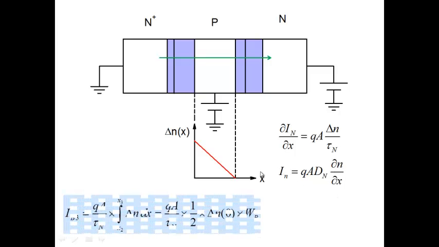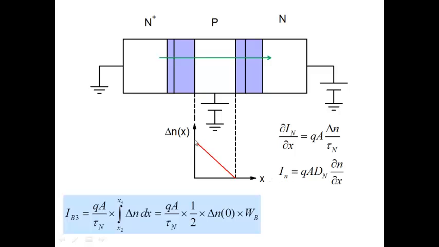So this is the picture here. Note that it's not going to be exactly linear because we know that IN is varying. IN will vary, so delta N of X will not be exactly linear and will have a small slope, but the changes are going to be negligible, and therefore it's a good approximation to think of it as linear.